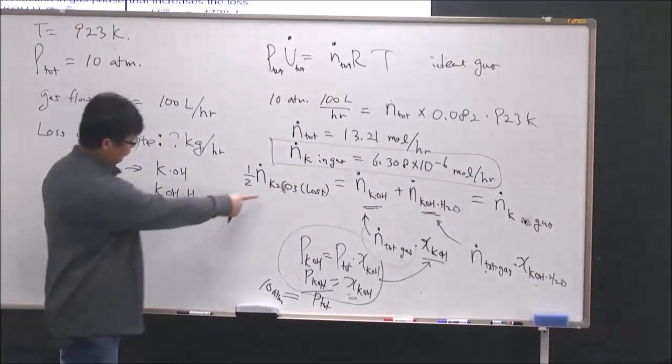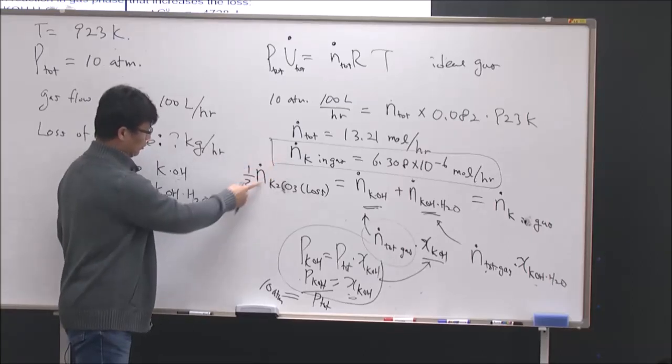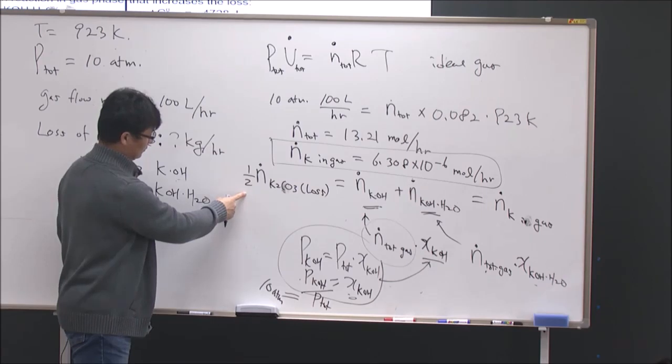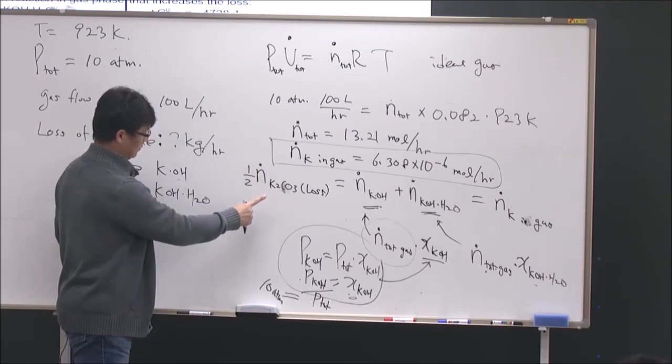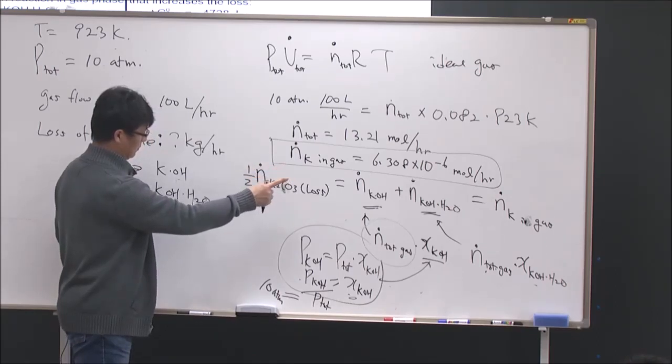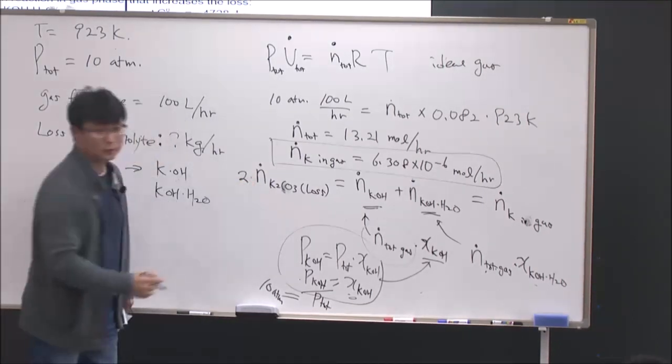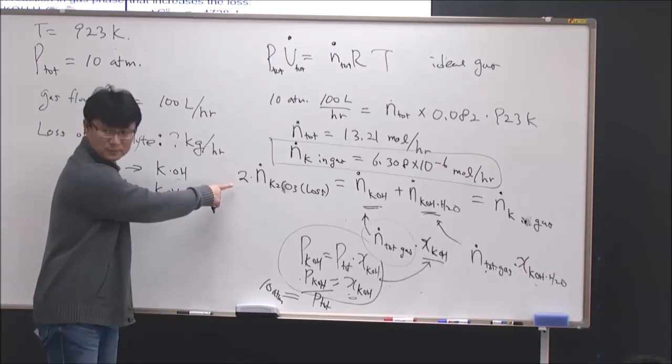So in terms of the loss of this one, now you have to actually divide or multiply, but this is the other way around. It's 2, I'm sorry, it's 2, it's not half.